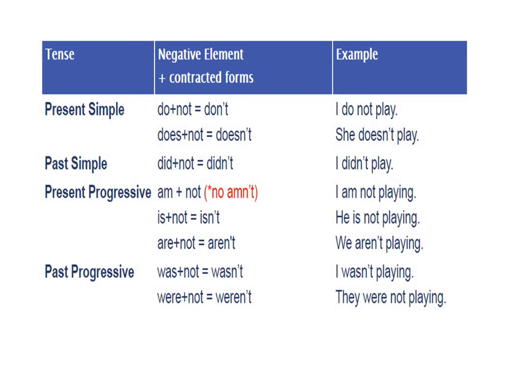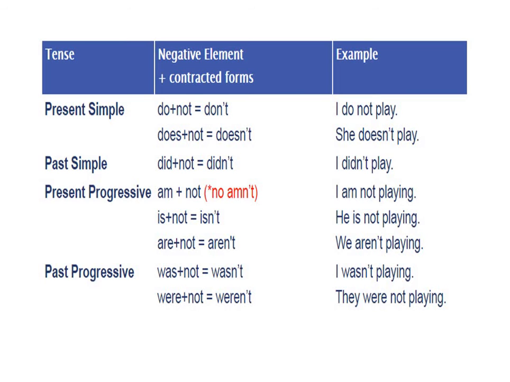In present simple the structure remains the same. What is the structure? The subject, then the auxiliary, then the negation, and then the main verb. If there is no auxiliary, there is no object, then what comes? The subject, then the negation, and then the verb.